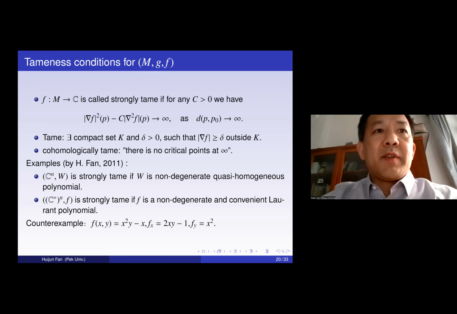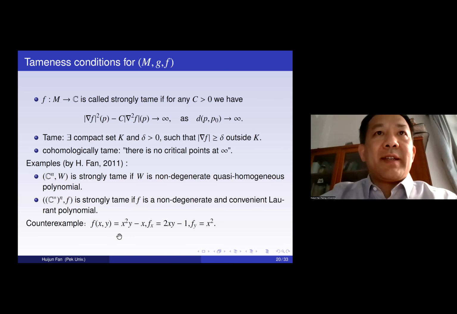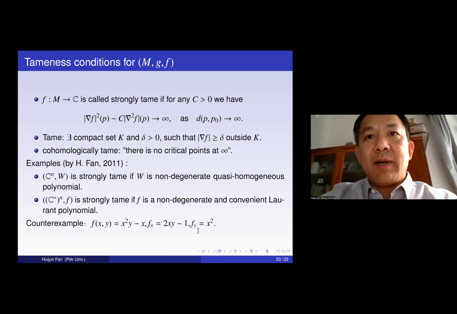But we also have a counterexample of a polynomial that does not satisfy the tame conditions. For example, consider f(x,y) equals x squared times y plus x, and take the partial derivatives of f. You get f_x equals 2xy plus 1, and f_y equals x squared.